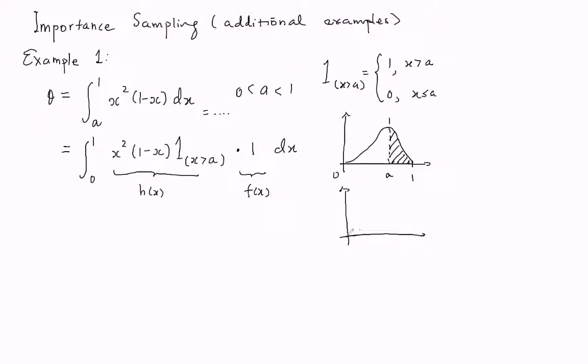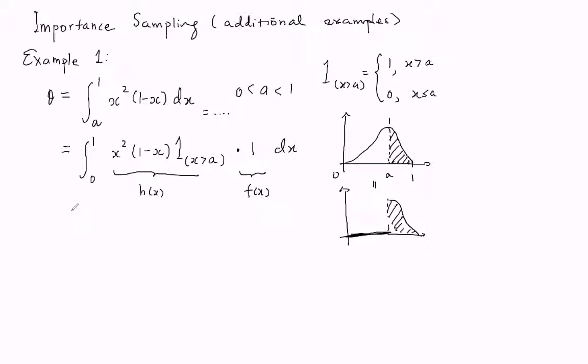So you have a flat line over here until a, and then you have a curve. So they're actually the same, okay? This is just another way to look at it, okay?